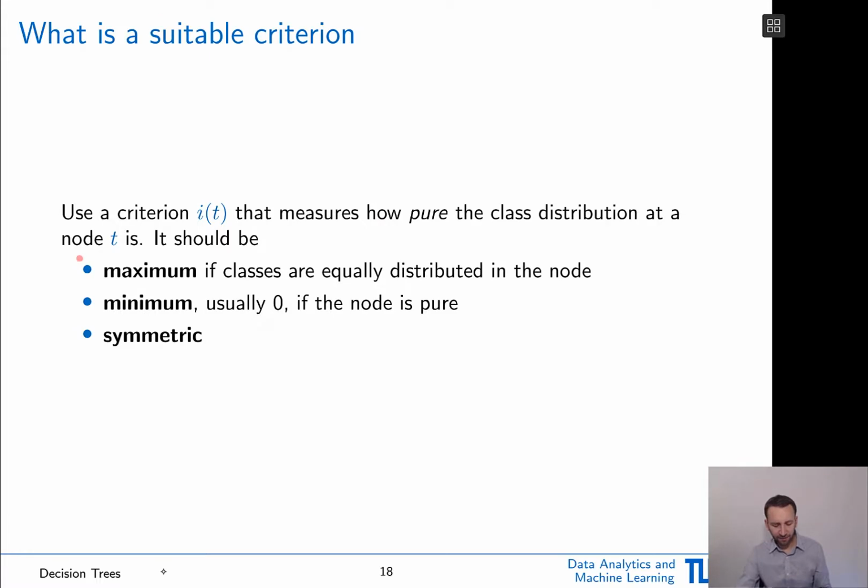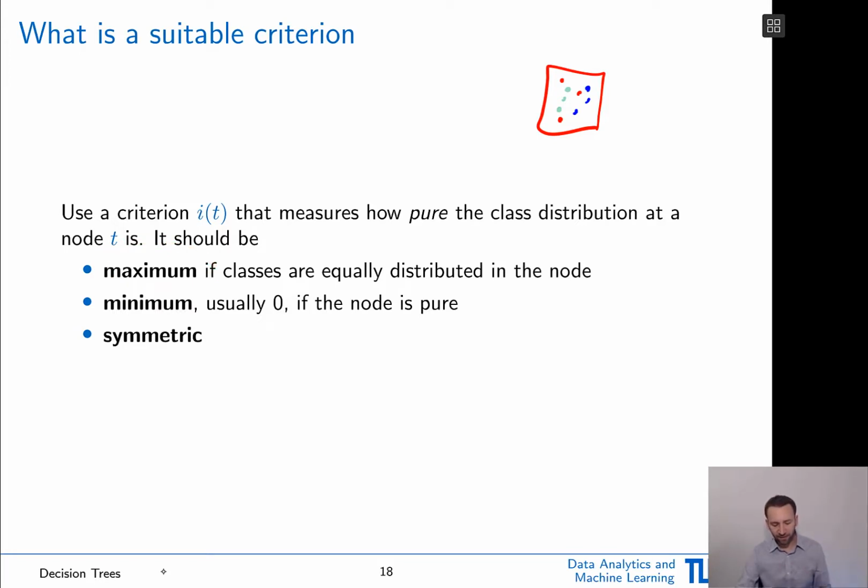And indeed, there are a couple of requirements on this measure, actually very simple requirements. One is that this measure should be maximal if we have equally distributed classes. So let's say we have a region with 3 blue and 3 green and 3 red, right? Then this measure should be maximum, so the highest impurity.